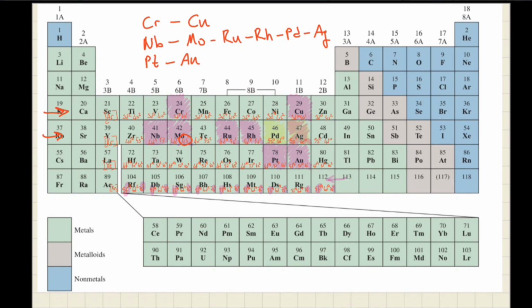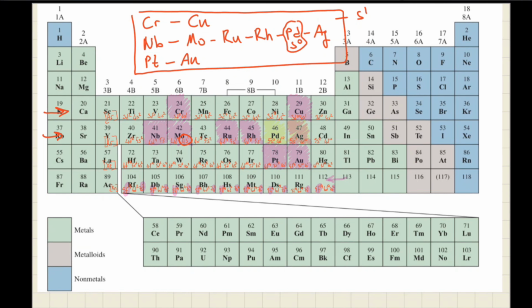So if you don't know the electron configuration, all of them finish as S1, except palladium. Palladium is very interesting. It finishes as 0. Okay, you have to consider it.